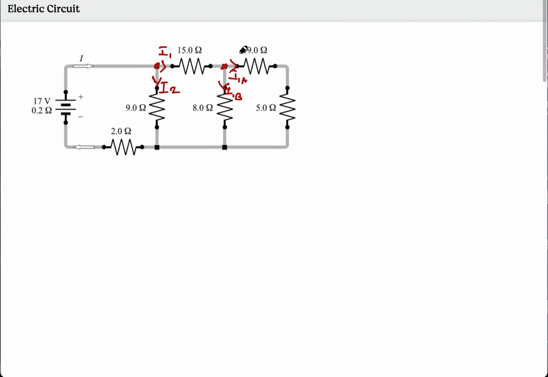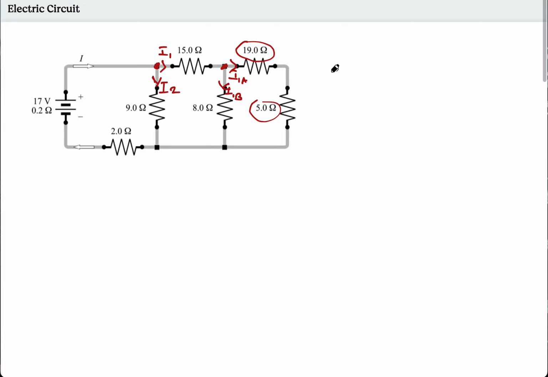For example, if you look at I1A here, I1A will have to go through the 19 ohm resistor before it enters the 5 ohm resistor. Therefore, since I1A is the guy flowing through the 19 ohms and the 5 ohms, and it has to get to the 19 ohms before it gets to the 5 ohms, then you can say that the 19 ohm resistor and the 5 ohm resistor are both in series connection.